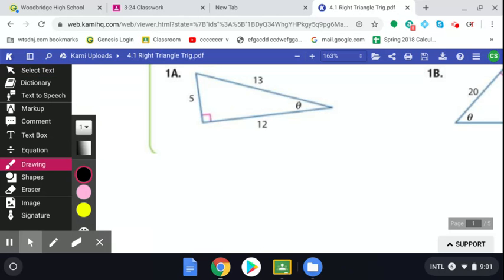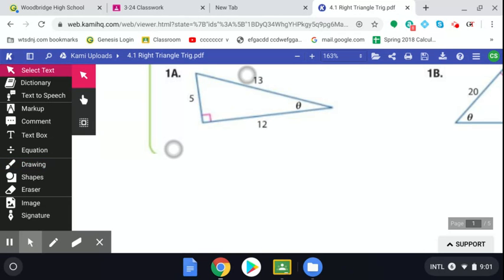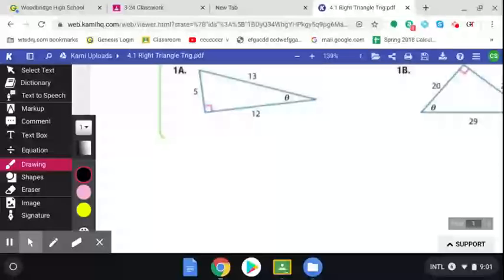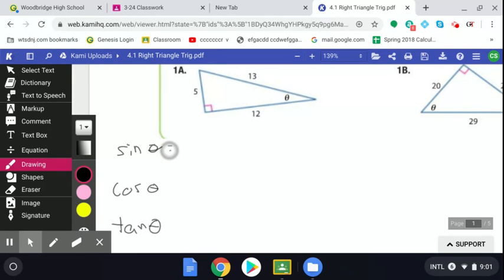So I'm going to write down here sine, cosine. Okay. So sine theta, cosine theta, tangent theta, and then the reciprocals, which are going to be, people get confused.